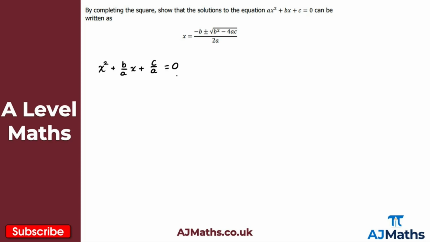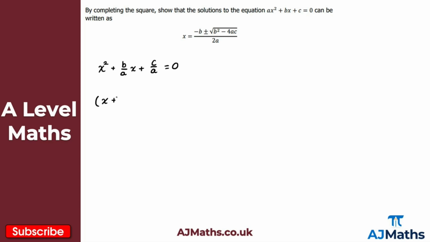Now from here, because the coefficient of x squared is 1, we can actually begin completing the square. So don't worry about the fact that we have algebraic coefficients like this. It works in the same way as what we would do when we have numeric constants. So we're going to get x here plus half of this coefficient. So if this is b over a, if I divide that by 2, we get b over 2a. Okay, dividing by 2 is the same as timing by a half.